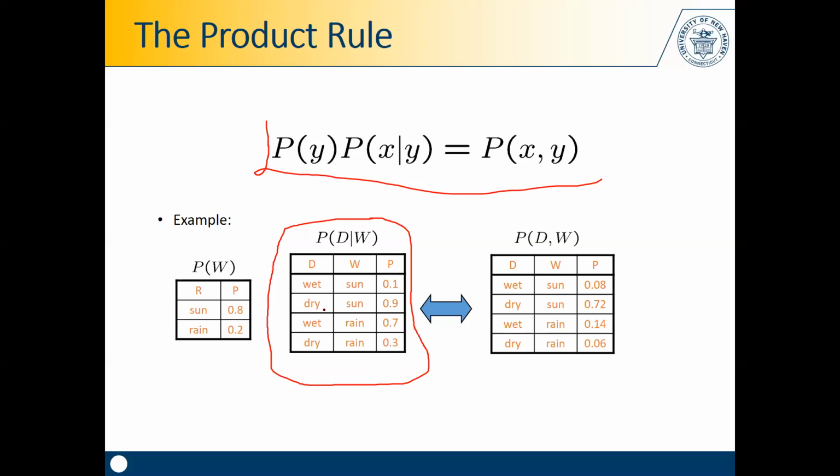This table is actually 2 probability distributions, 2 conditional probability distributions. One is this one here, the other is this one here.